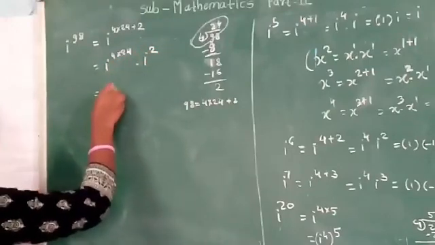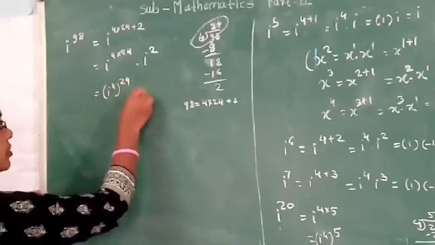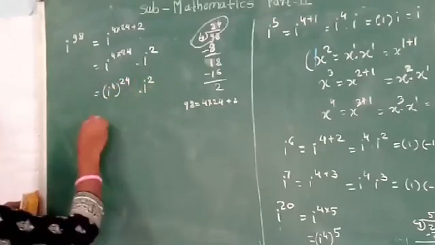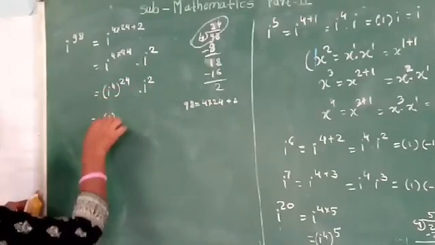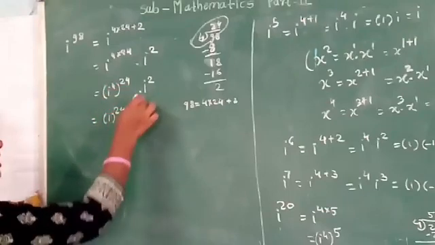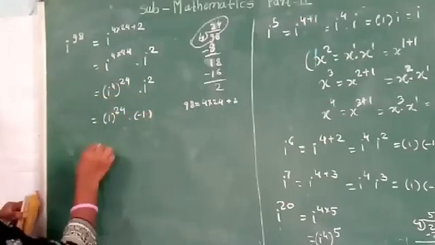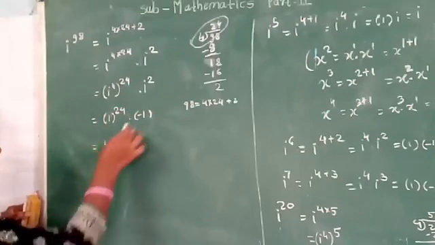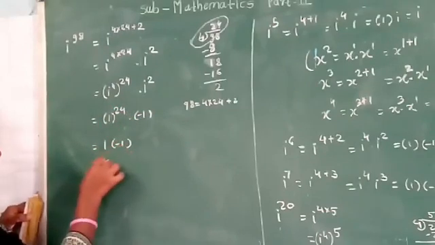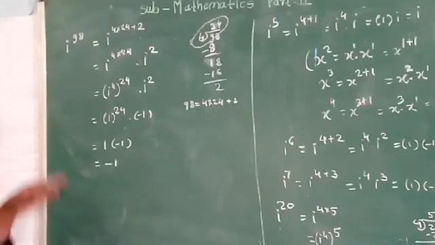So this is i raised to 4 into 24 into i square. i raised to 4 is 1, and i square is minus 1. So 1 raised to 24 is 1 and this is minus 1. So the answer is minus 1.